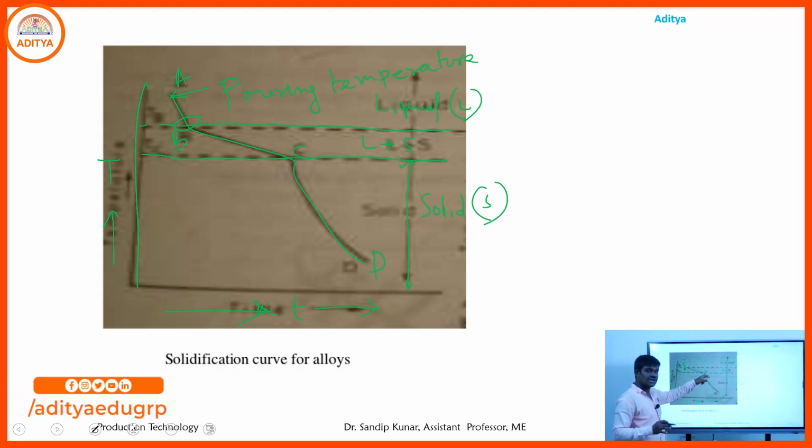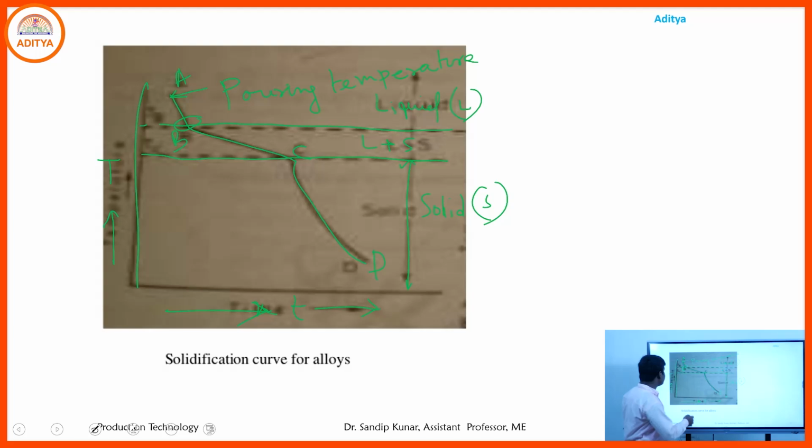After solidification it continues to extract heat until it comes to room temperature. At point D it is fully converted into a solidified product at room temperature. That is the main curve in case of alloy, the solidification curve for alloy.